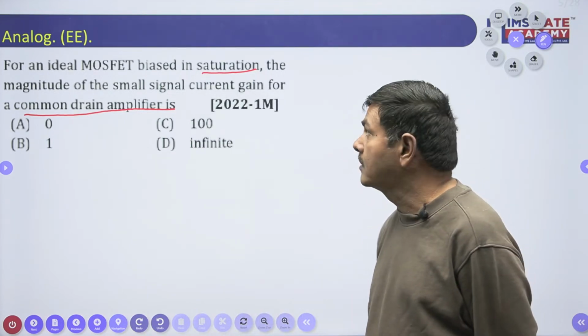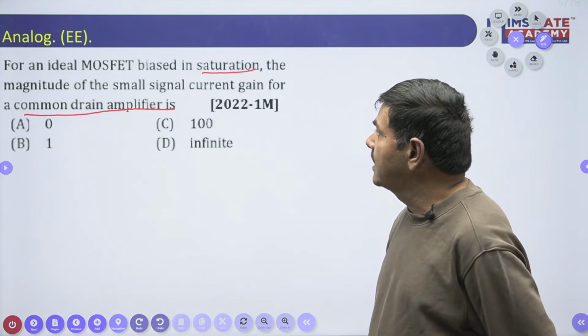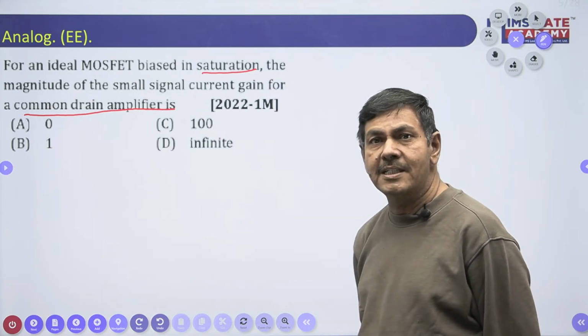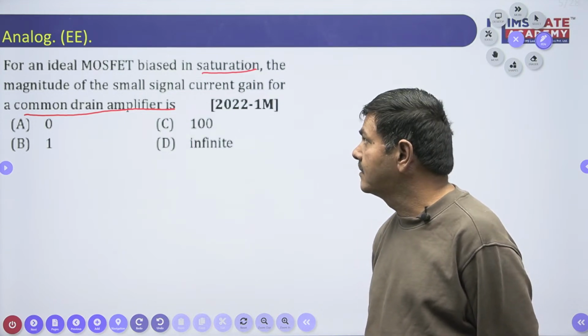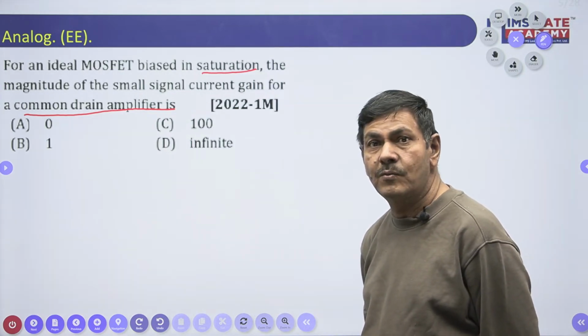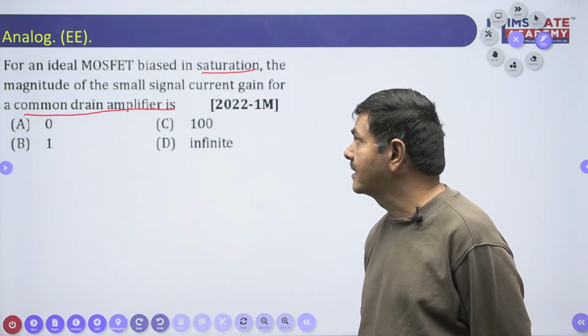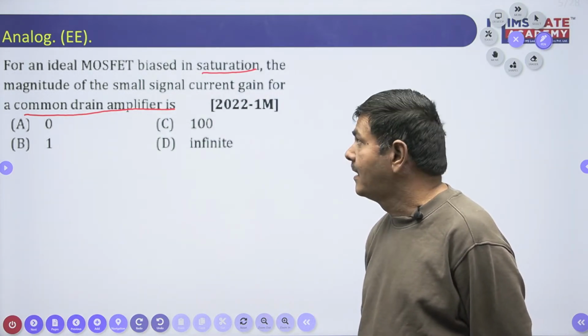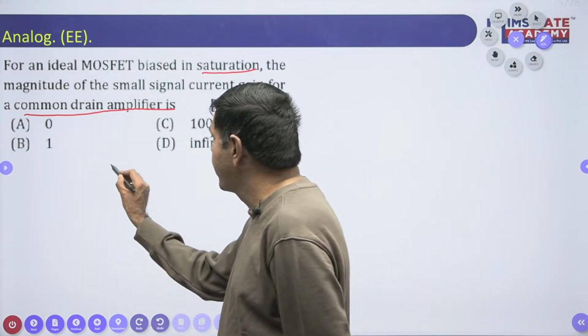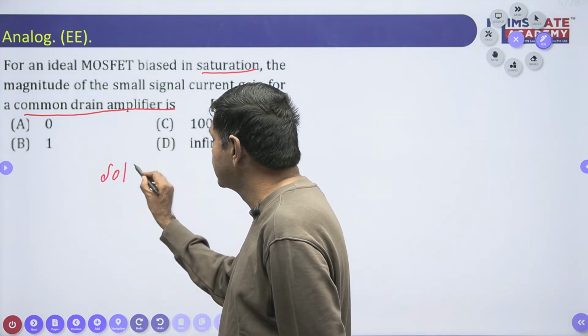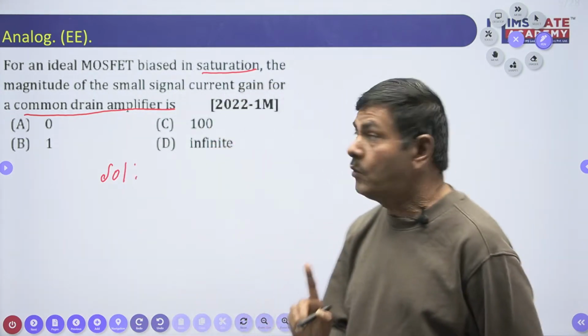Current gain we want. Small signal current gain, voltage gain, input impedance and output impedance we can get from the amplifier only under AC analysis, which is a small signal analysis. We should know one point clearly.